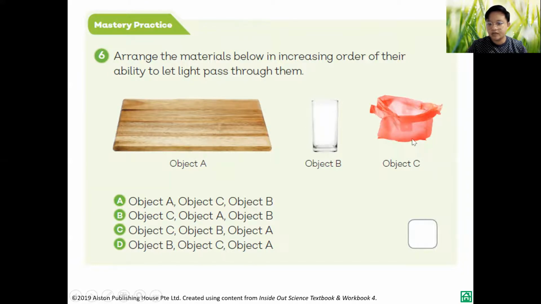So when light hits the object, light scatters all around and only allows some of the light to pass through. And object A is an opaque object. The light will just basically be absorbed.